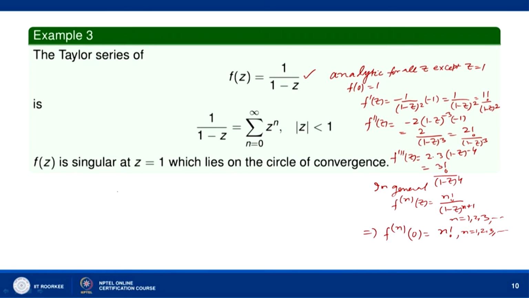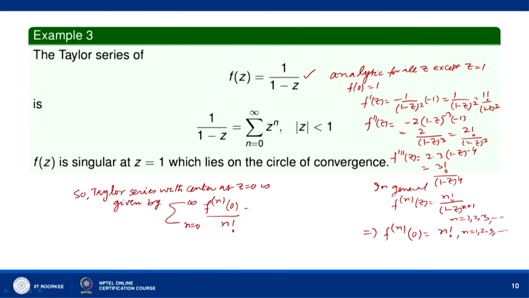Now, the Taylor series with center at z = 0 is given by sigma n = 0 to infinity f^(n)(0) by n factorial z to the power n, which is equal to sigma n = 0 to infinity, f^(n)(0) is n factorial.